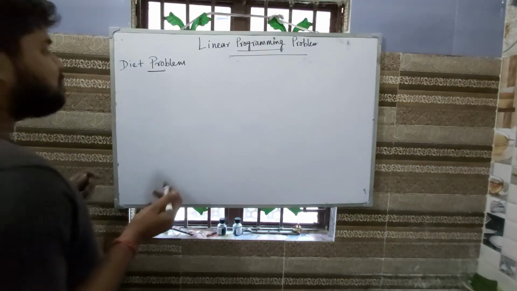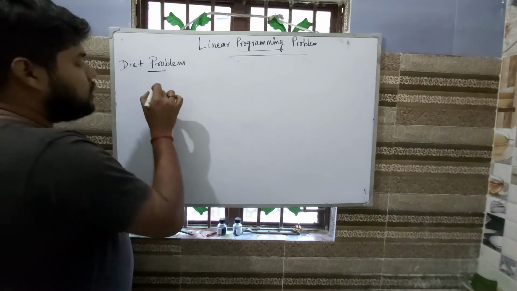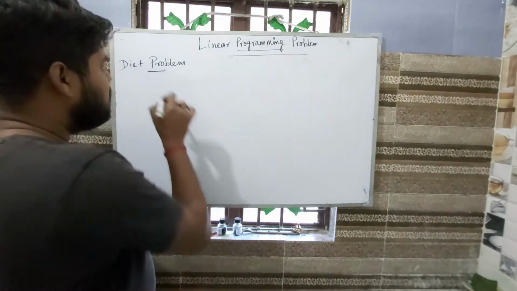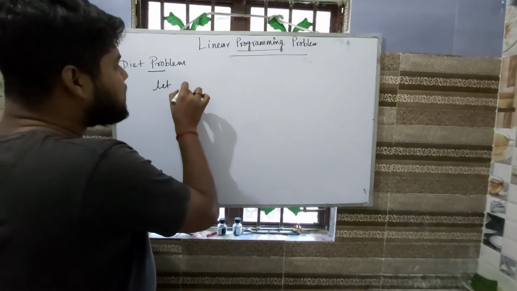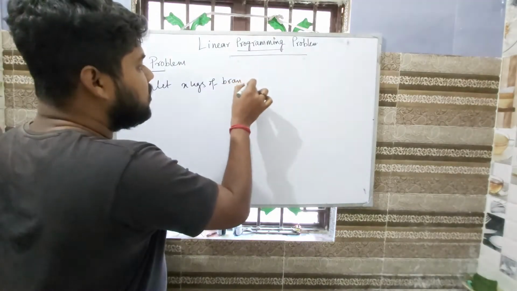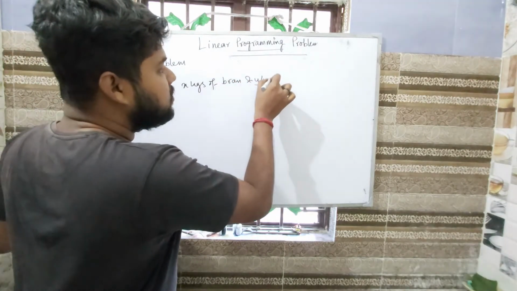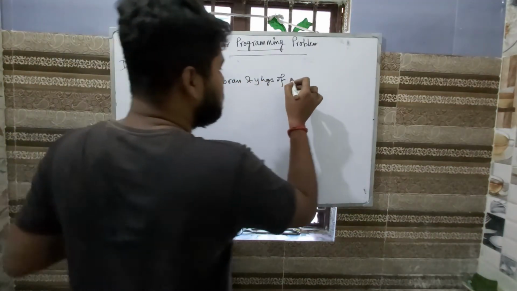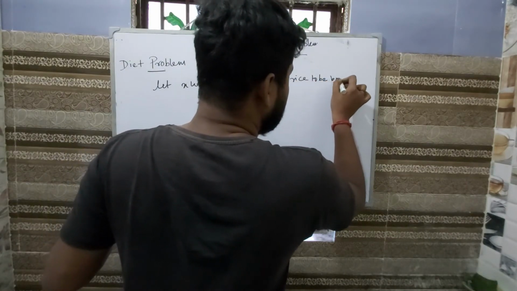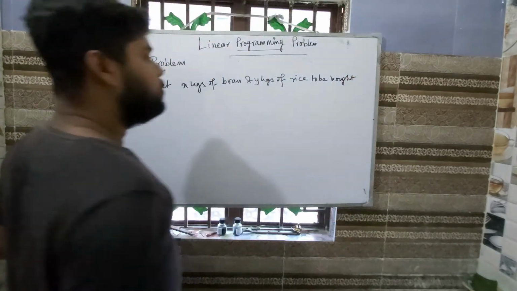So now here I have to buy bran and I have to buy rice. So let x kgs of bran and y kgs of rice be bought. Fine.